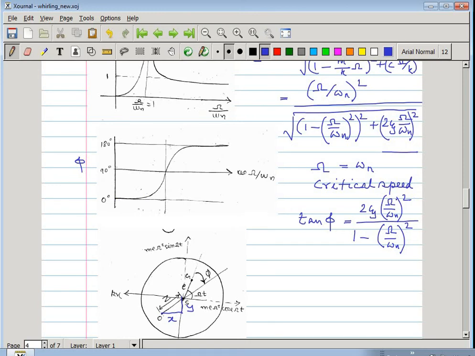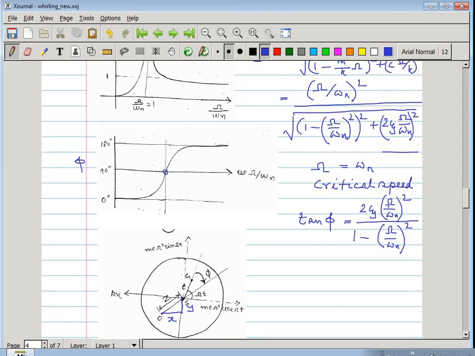And when omega by omega n equals 1, that is at critical speed, the denominator is 0. So tan phi is infinity. So it goes through 90 degree. And suppose omega by omega n is very large. So this 1 can be neglected compared to this, but the denominator is negative.